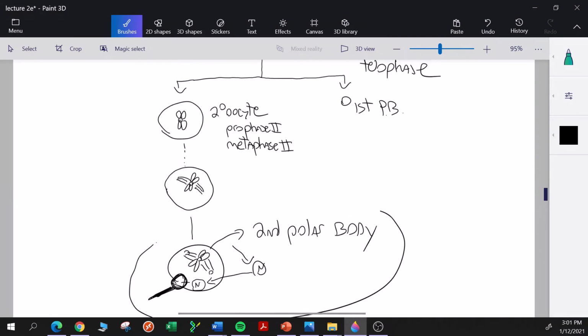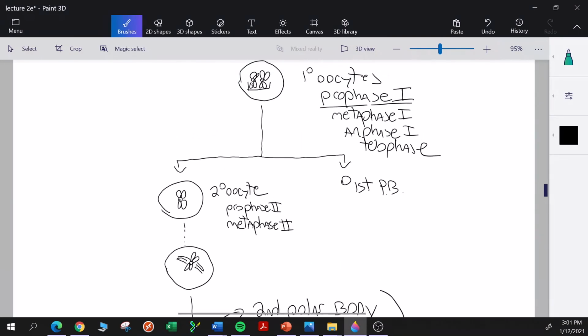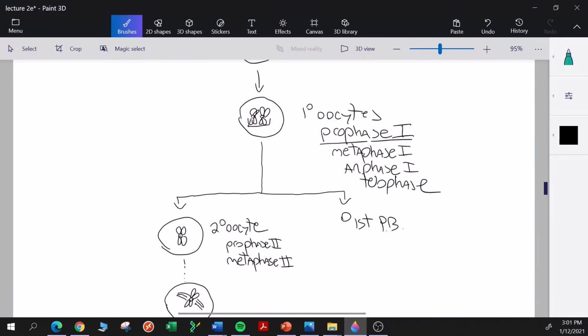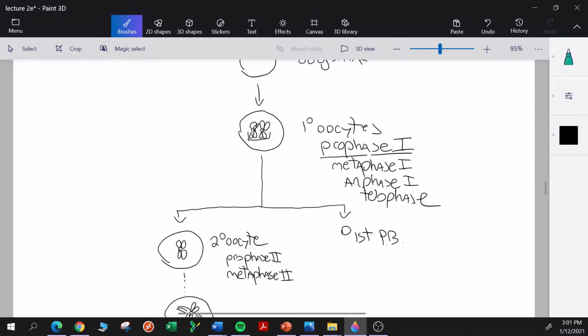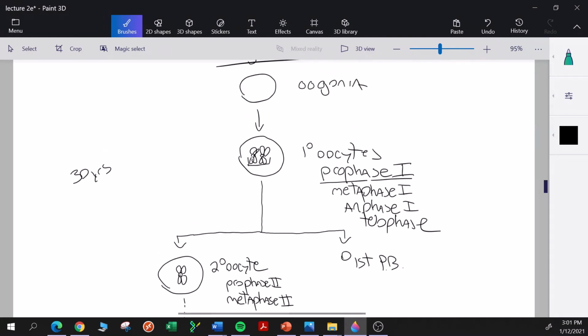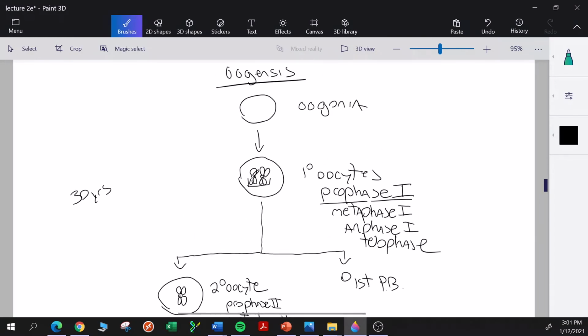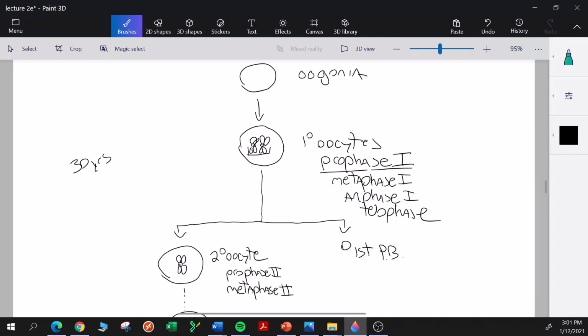I think it's fascinating that meiosis does not complete until after fertilization. I also think it's fascinating when I think about my daughters. My wife was 30 years old when my first daughter was born; she's 14 now. So it's interesting to think that my 14-year-old daughter was derived from a primary oocyte that was essentially 30 years old.